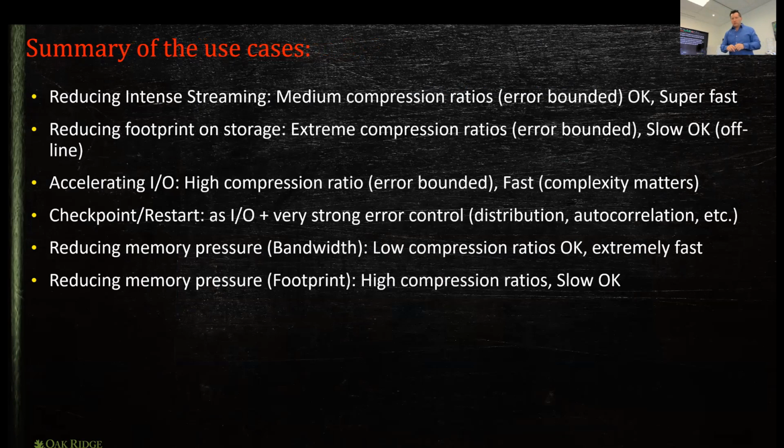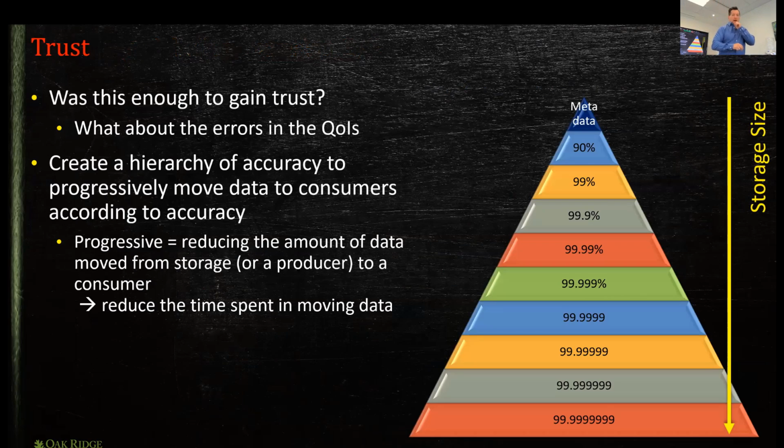So what we're trying to say is, depending upon what you're doing, there are all these different types of cases for reduction. Now I'm going to get into some of the parts that I'd say are about trust. One of the big challenges I face trying to create a reduction algorithm is, how do I actually get scientists to trust it?